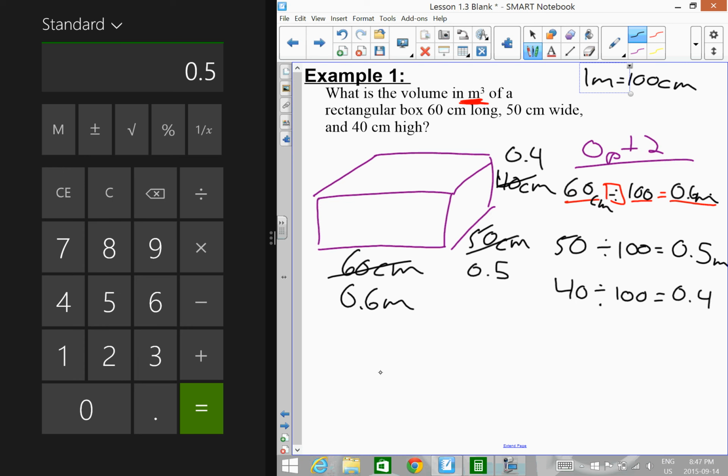So now we can figure out our volume. We have everything in the unit that we wanted. So our volume was length times width times height. So our length is 0.6 times our width is 0.5 times our height is 0.4.